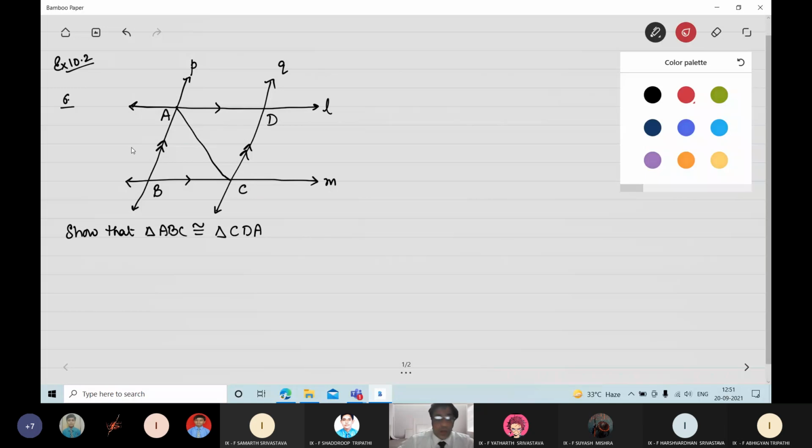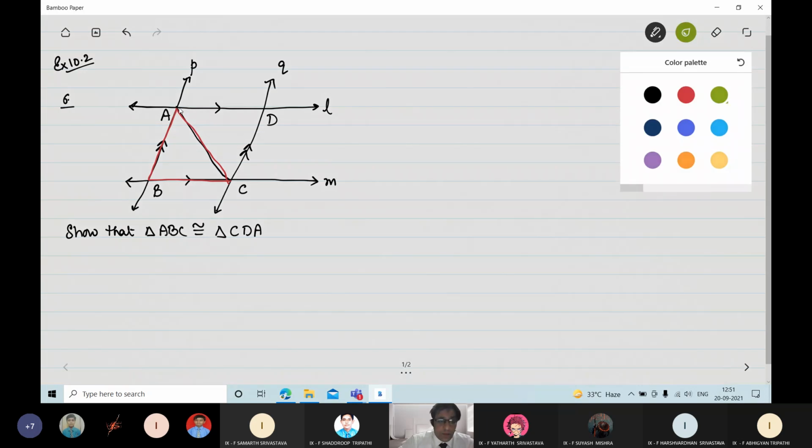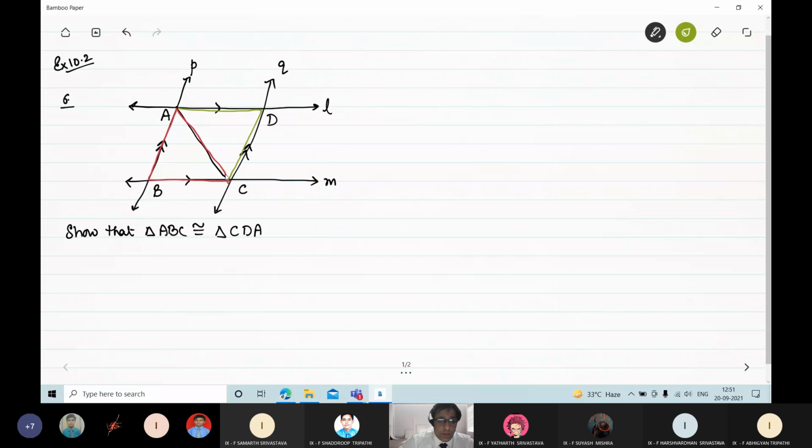Now, if you see the two triangles, children, if I'm taking this triangle ABC, the red one, and let's say this green one. Now, in parallel lines, I can say that this angle will be equal to this angle. See, it's making a Z. Can you all see this?